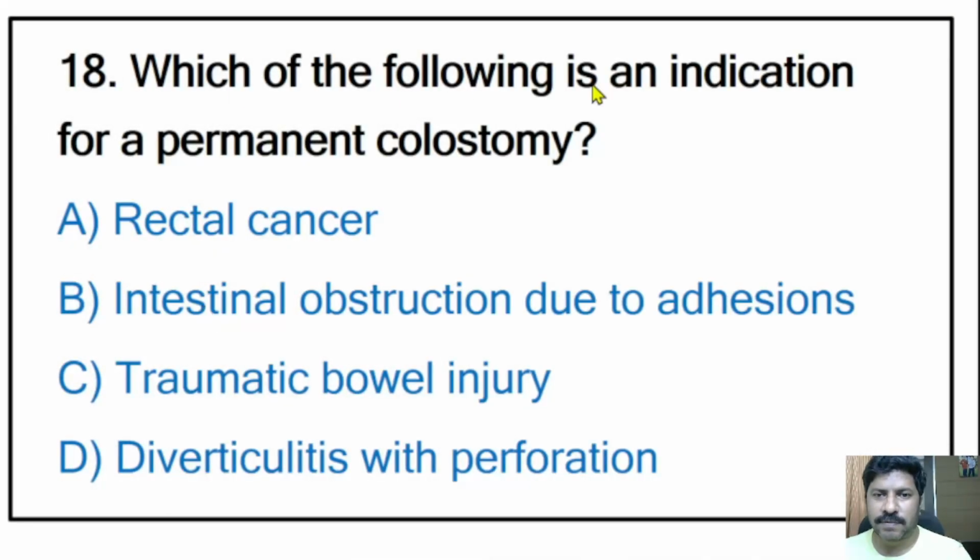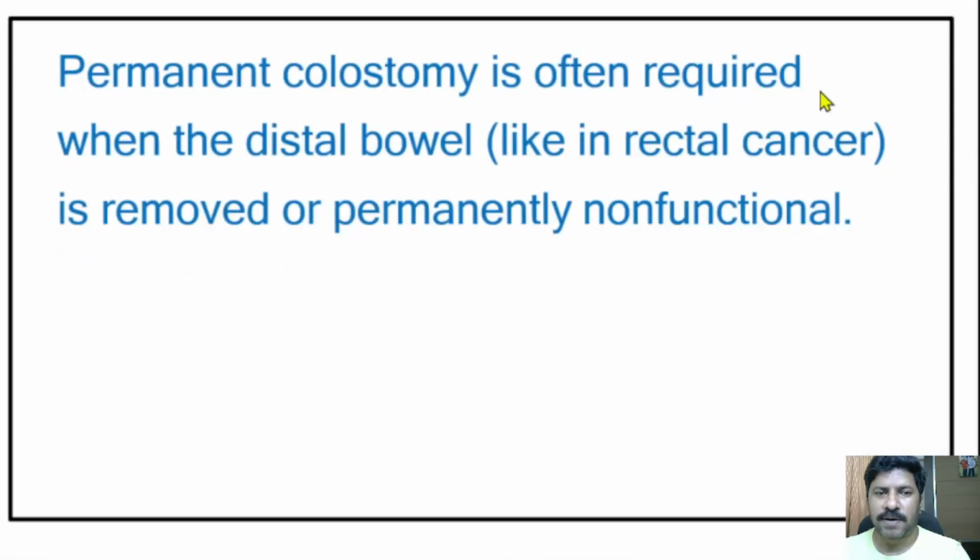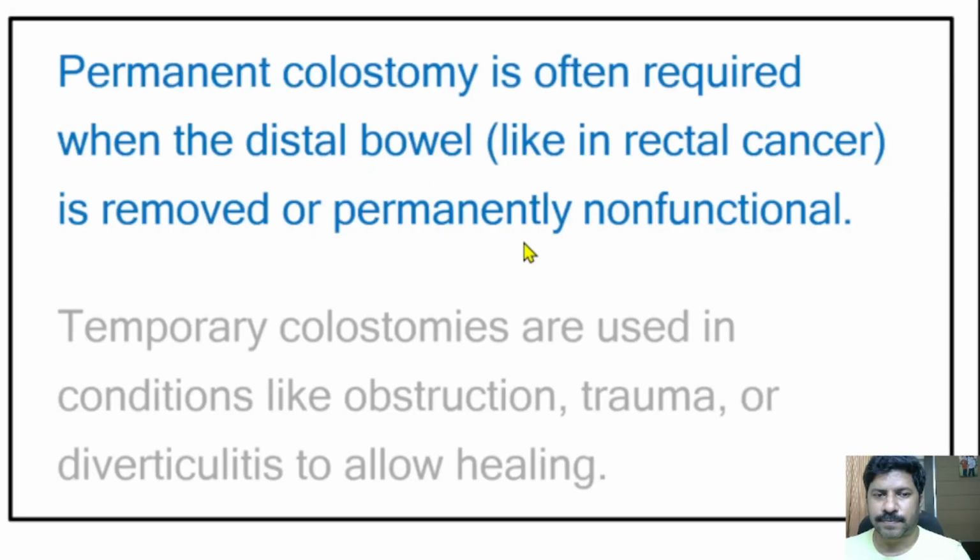18th question. Which of the following is an indication for a permanent colostomy? Rectal cancer, intestinal obstruction due to adhesions, traumatic bowel injury, diverticulitis with perforation. Correct answer here, rectal cancer is an indication for permanent colostomy. Permanent colostomy is often required when the distal bowel, like in rectal cancer, is removed or permanently non-functional.